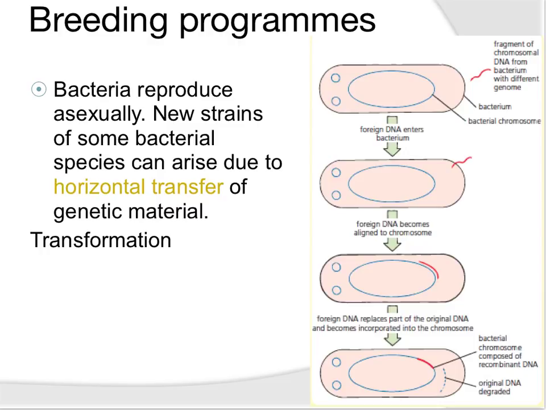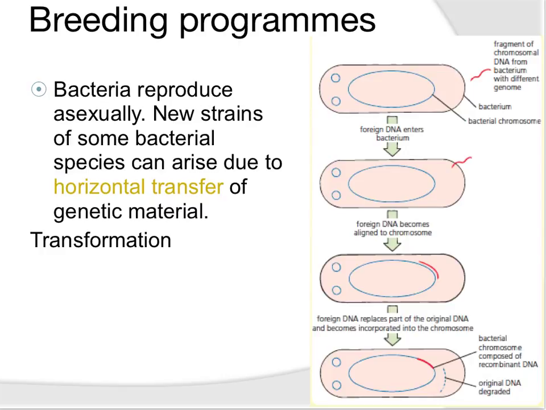Now, if your UV mutations aren't working, then there are other ways of trying to change your microorganisms. One of them is looking at bacterial breeding programs. Now, bacteria reproduce asexually, and new strains of bacteria can arise due to horizontal transfer of genetic information.